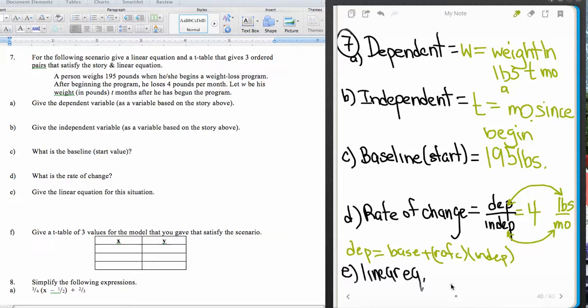So we have our dependent variable, which is W, and that's equal to our 195 pounds, our baseline, plus our rate of change, which is 4 pounds per month. Now, the only thing that we didn't add in here is that this is losing 4 pounds per month. So this is a negative 4 pounds per month. So this is plus a minus 4, and that's times the independent variable, and that's T. All right, there's our model.